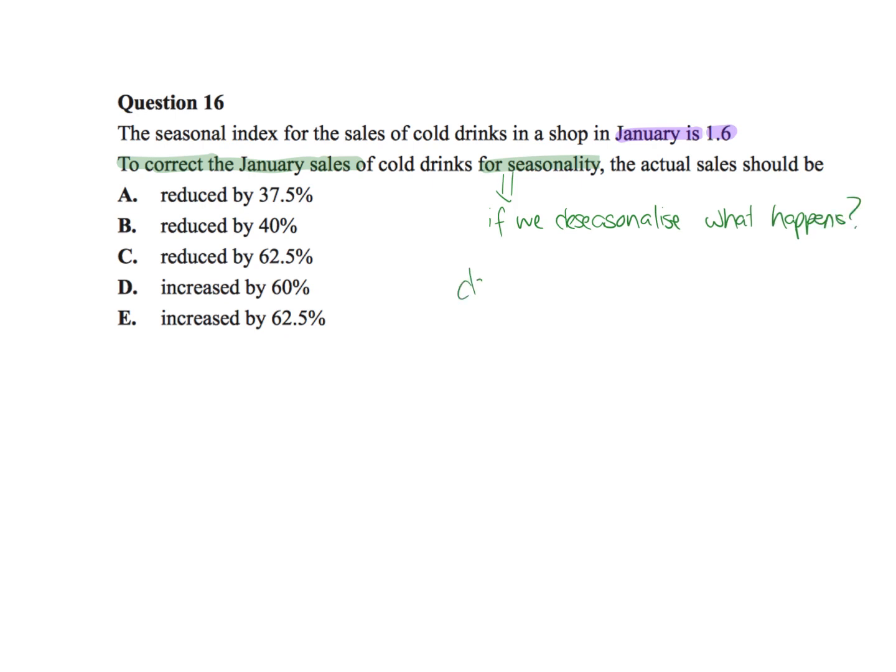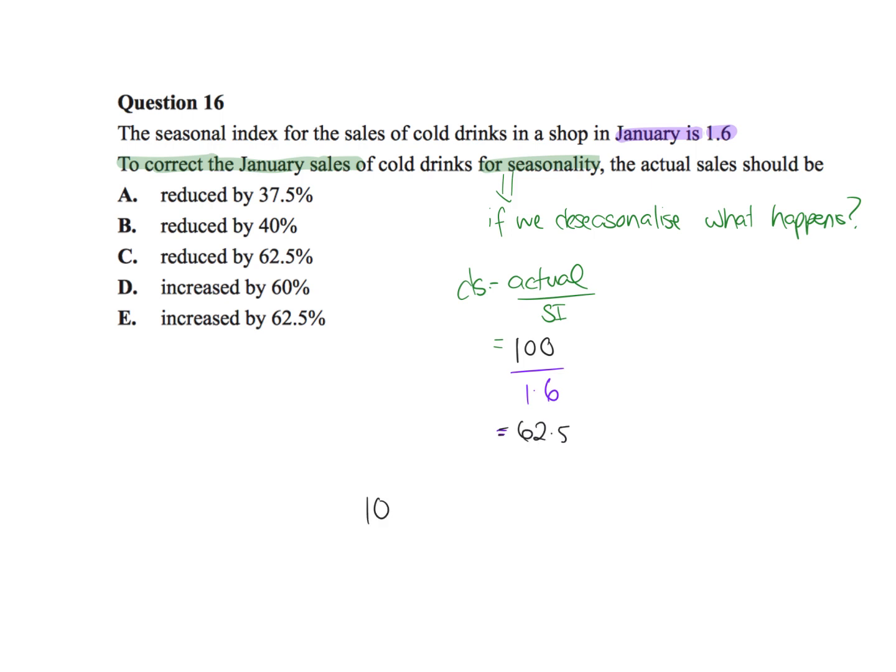So deseasonalize is actual over seasonal index. So we're going to make up that 100, and we're going to divide it by January's 1.6. So what does that give me? It's going to go down, isn't it? Because it's above average. So it went to 62.5.